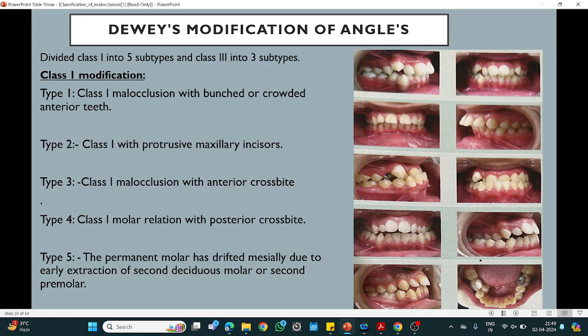Second is class 1 with protrusive maxilla. Type 3 is malocclusion with anterior crossbite. Type 4 is class 1 molar relation with posterior crossbite, and type 5 is where the permanent molar has drifted mesially due to early extraction of the second deciduous molar or second premolar.